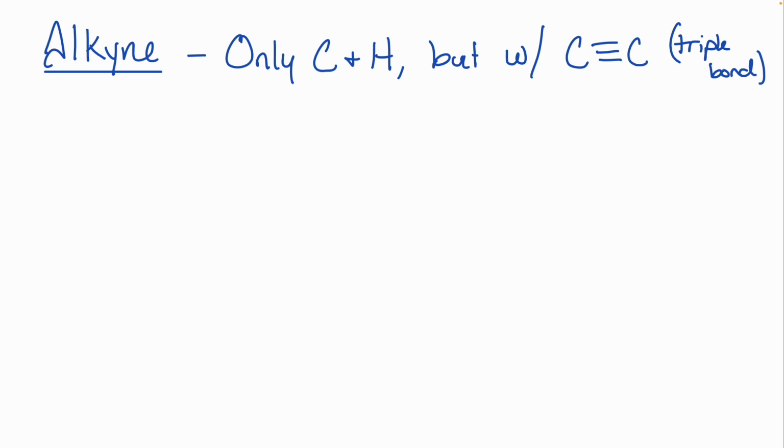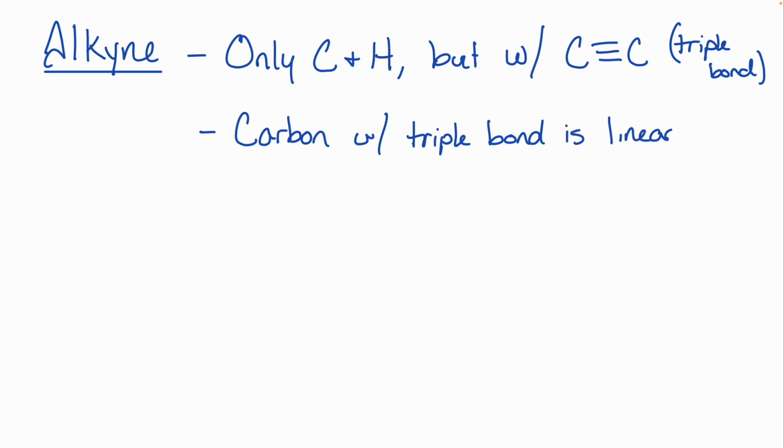Importantly, when we draw our alkynes, the carbon with that triple bond has a linear geometry. All right, so what do I mean by that?